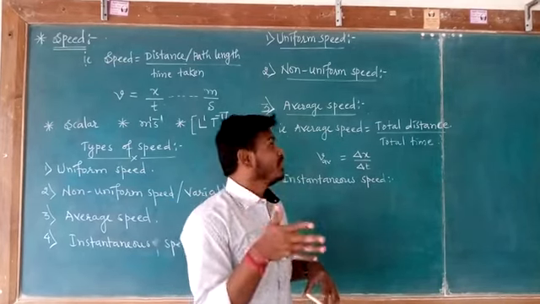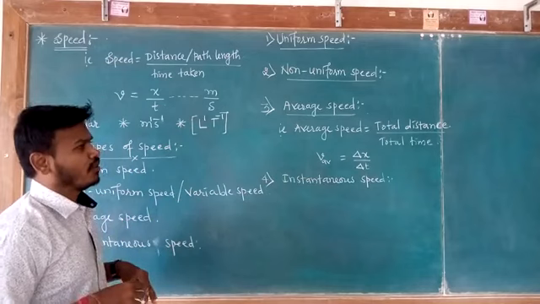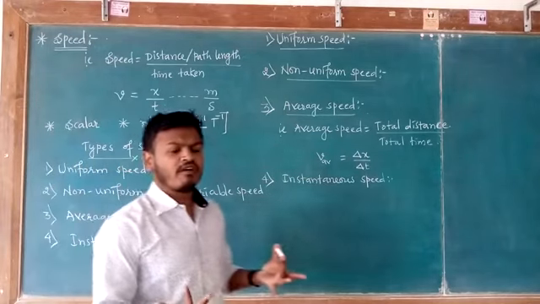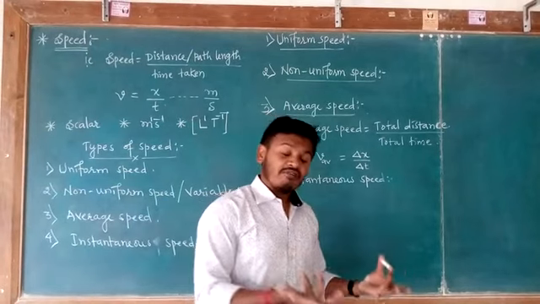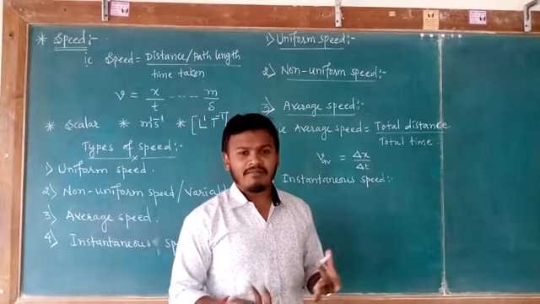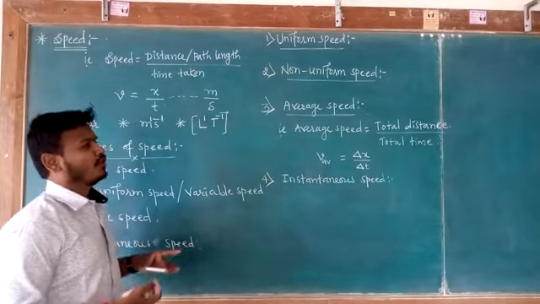These are various definitions of non-uniform speed. The generalized one is: when a body travels unequal distances in unequal intervals of time, then the speed of the body is known as non-uniform speed.